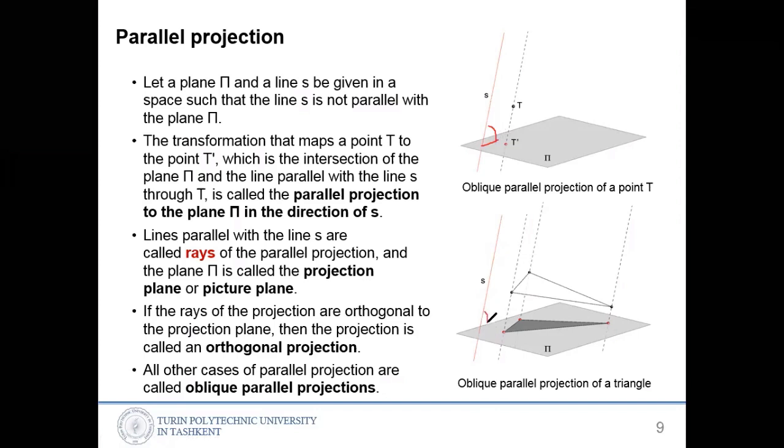Here you can see that the angle is less than 90 degrees. If you make S perpendicular to the plane P, it's 90 degrees, and that will be an orthogonal projection. So if the projection rays are orthogonal to the projection plane, then the projection is called the orthogonal projection.